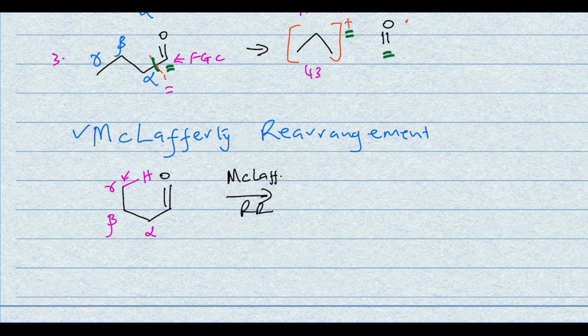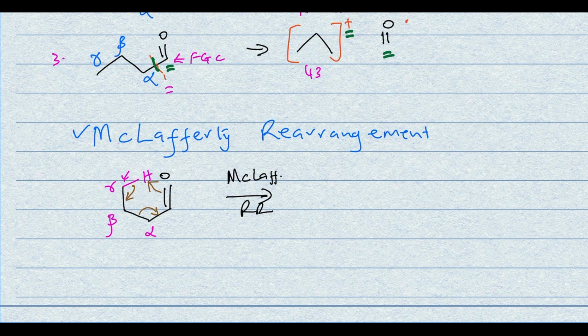What happens is that hydrogen ends up connecting to that oxygen, forming a bond between hydrogen and oxygen. The electrons from the carbon-hydrogen bond flow back to make a double bond, and at the same time you break the beta-alpha carbon bond, and those electrons go between alpha and the carbonyl carbon to make a double bond.